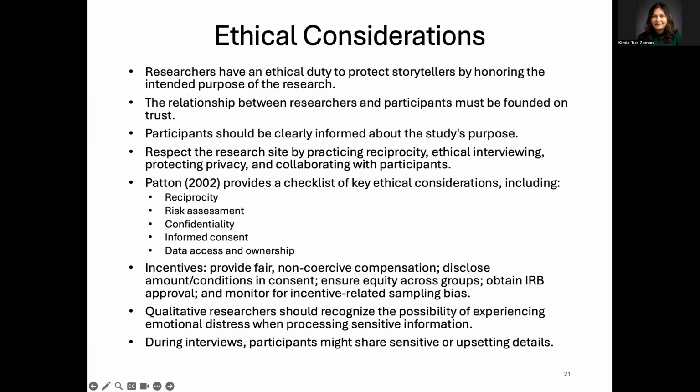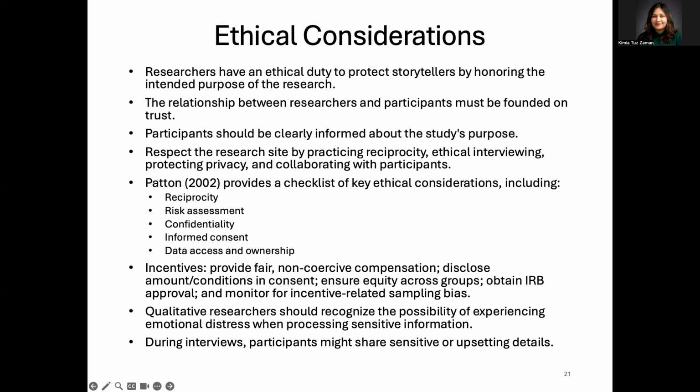There are five points that provide a checklist for ethical considerations: first, reciprocity, risk assessment, confidentiality, informed consent, and data access and ownership.